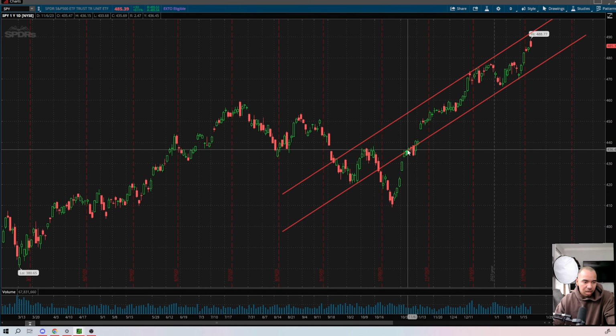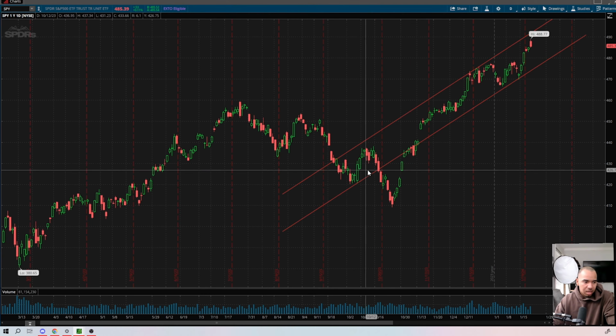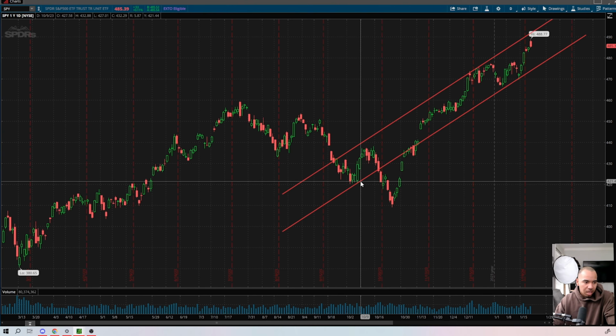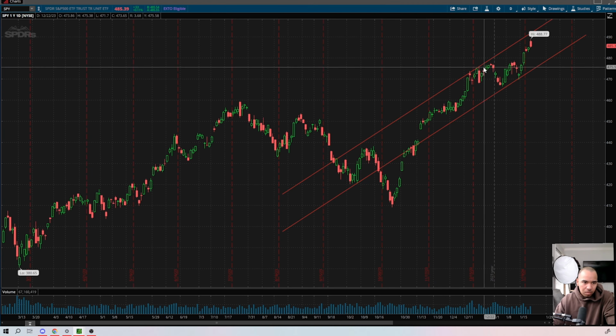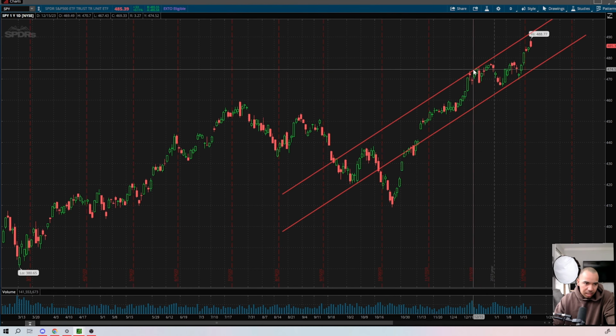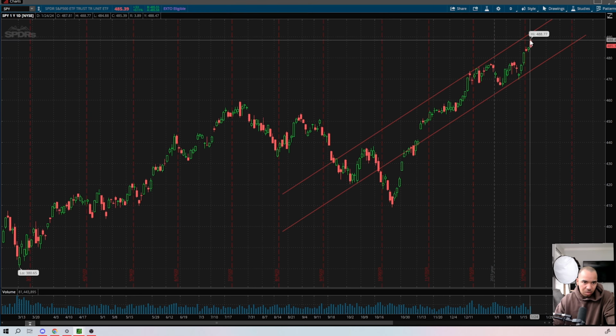On this area here, we kind of move sideways along the channel. Here we broke it, but we almost retested it. Here we bounce and we move up. At the top channel, we get rejected multiple times. We get rejected here, we get rejected here, and as you can see, we're moving on up to the next channel.